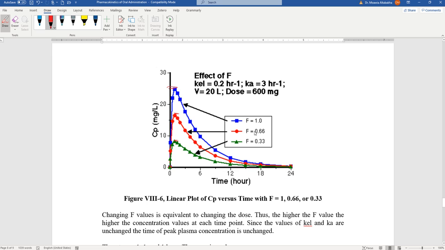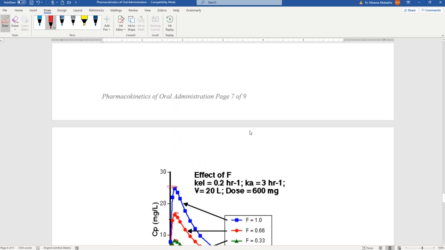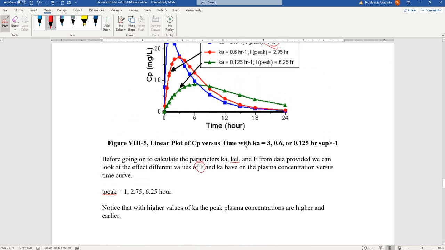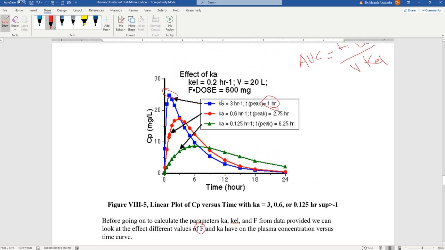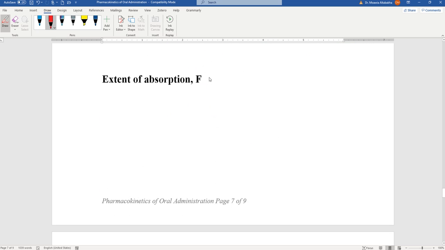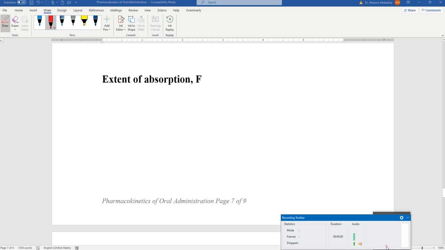F is an expression of how much extent of drug is reaching the systemic circulation, the bioavailable fraction, and Ka talks about how fast. So bioavailability is expressed by the rate and the extent. These two parameters are important, and inshallah we'll talk about them in the next topic.